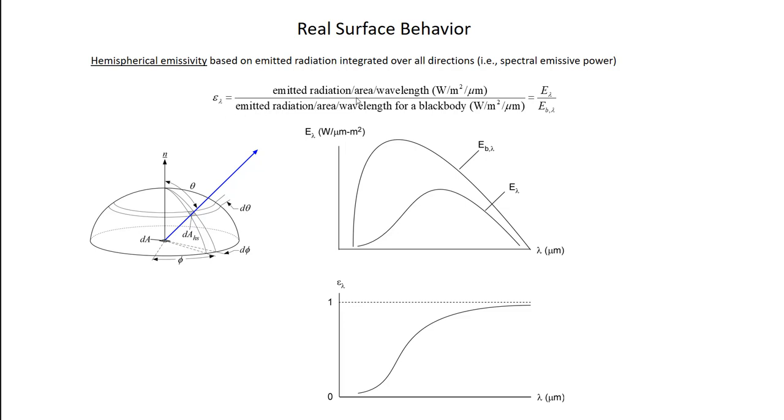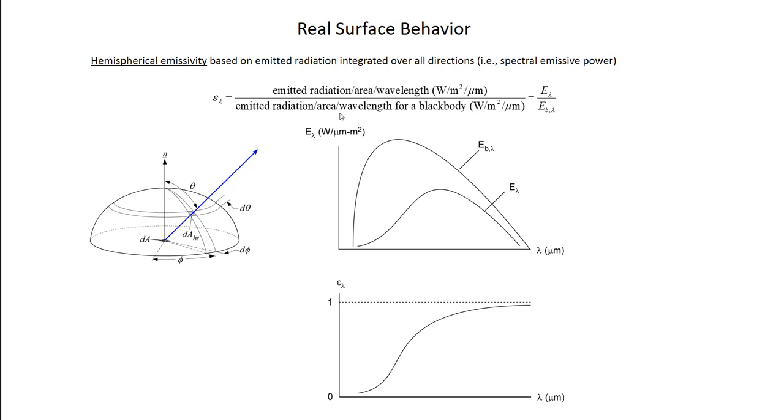It's emitted radiation per unit area per unit wavelength divided by the same thing for a black body. These are what we were calling spectral emissive power, right? So the denominator here is the black body spectral emissive power, which is given by Planck's law. And the numerator here is the spectral emissive power of the surface.